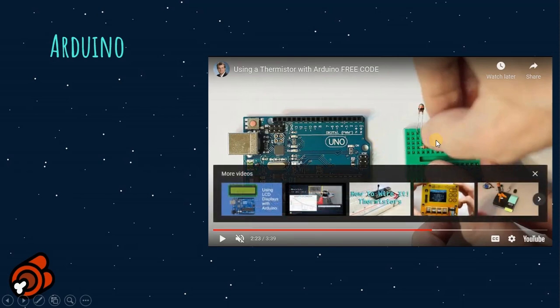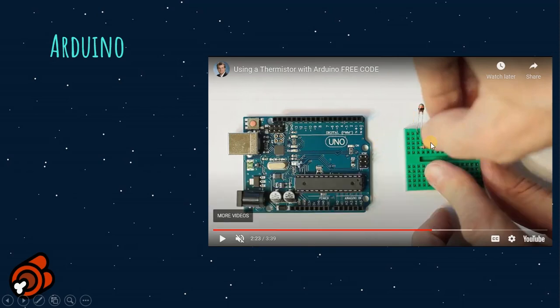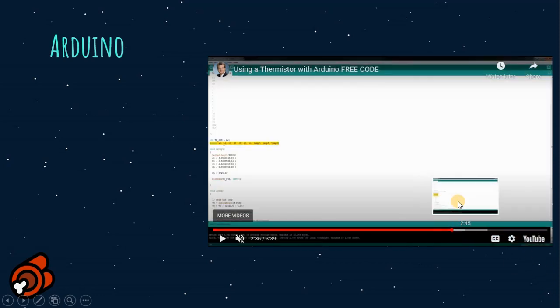They embedded this thermistor in the breadboard with the appropriate connection of wires, and there's a code that you encode in the app installed together with the Arduino, and then you just plug it in, save it in the flash drive, and put it in the Arduino.